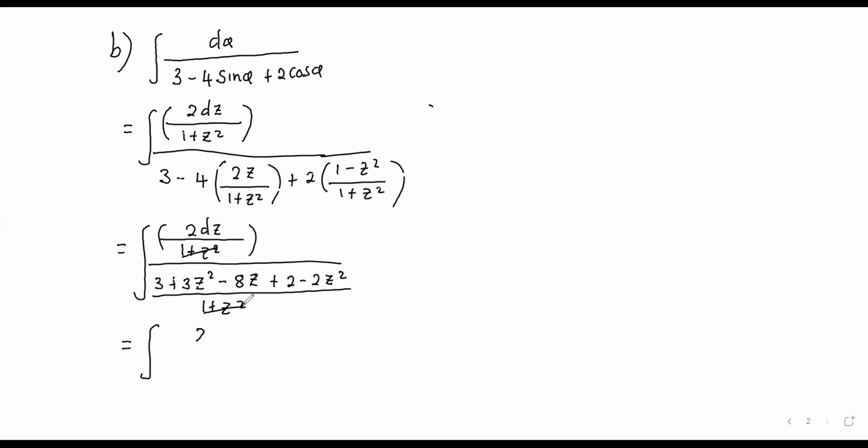So now we have 2 over 3z squared minus 2z squared, that's z squared, minus 8z plus 5 dz. Now we look at this. Can we find two numbers that multiply to give 5 and add to give negative 8? Of course not. So we need to complete the square.